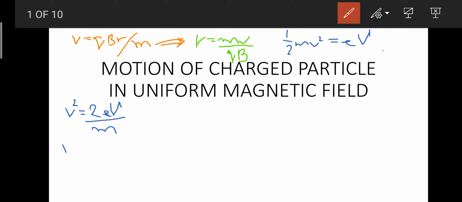And if we want the value of v, I will put a square root: v equals the square root of 2eV divided by m. Make sure this is the velocity and this is the potential offered by the battery. Obviously we know how much potential we are going to provide, so if we know all of these values, we can easily calculate the value of velocity.